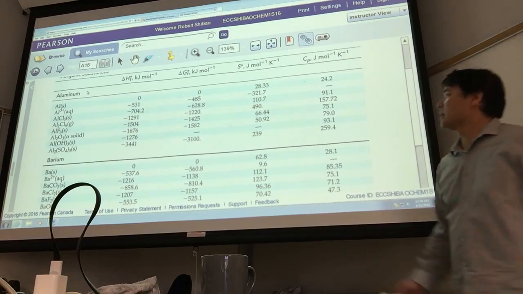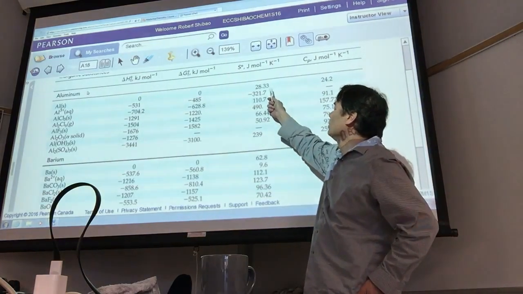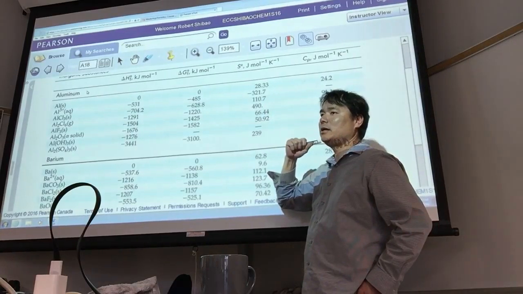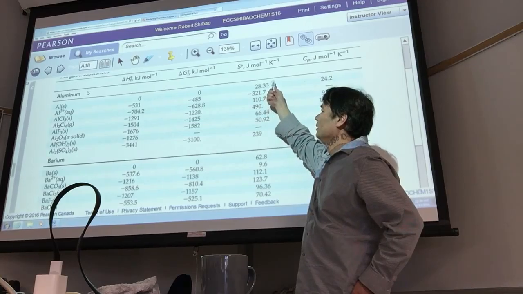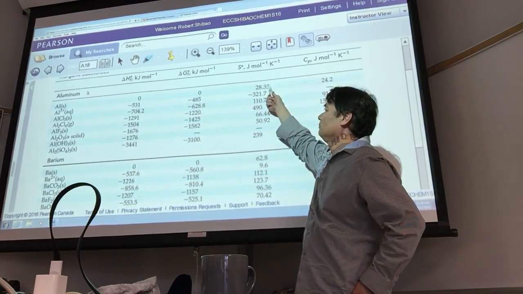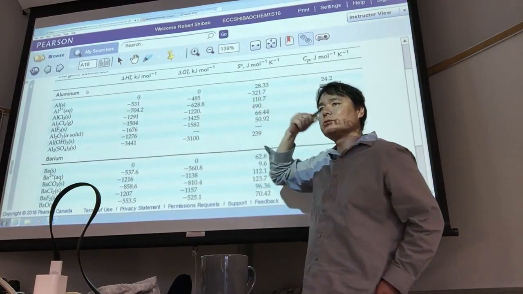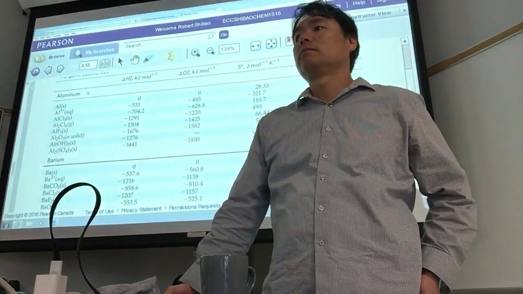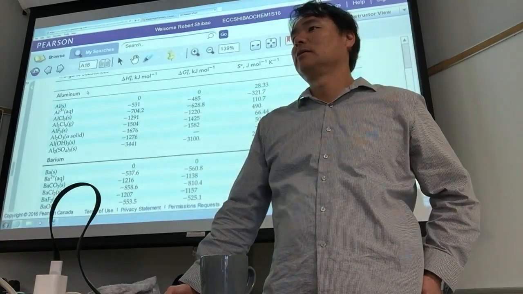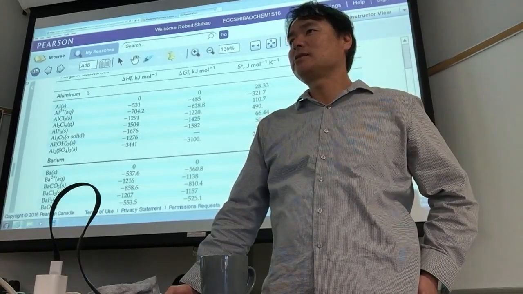So if I ask you, what has a higher entropy, aluminum or aluminum 3+ (aq)? Aluminum solid or aluminum 3+? In other words, I'm asking what's more disordered. You would say aluminum 3+ has a higher entropy?